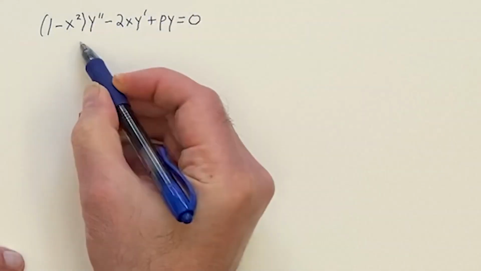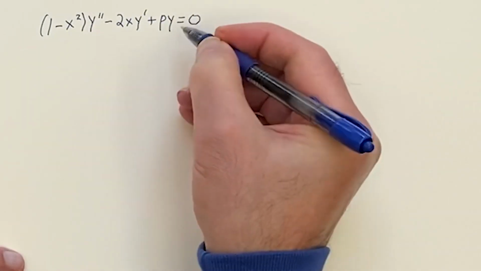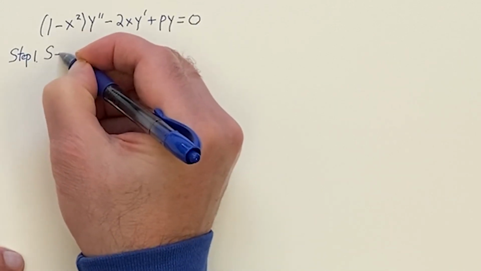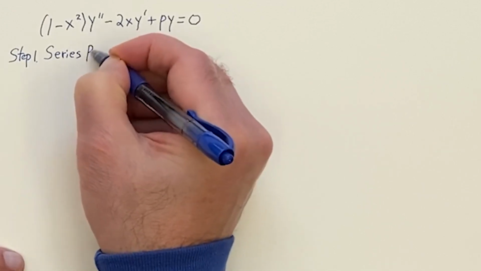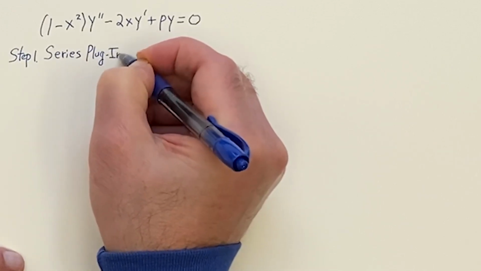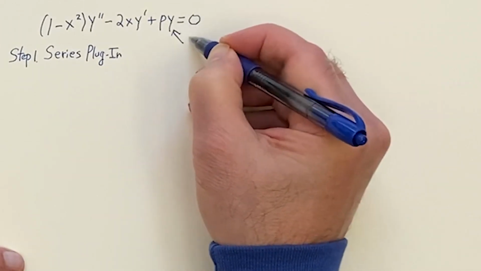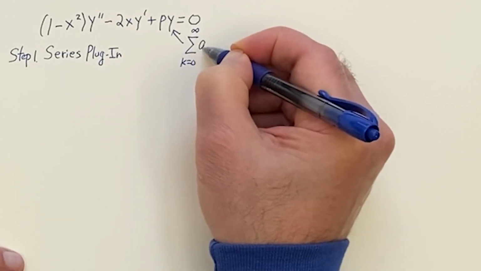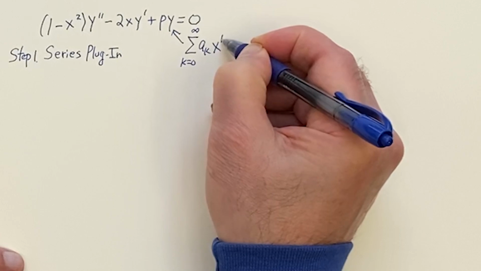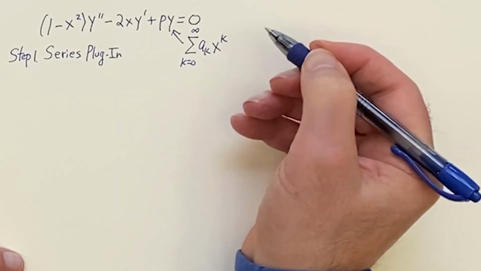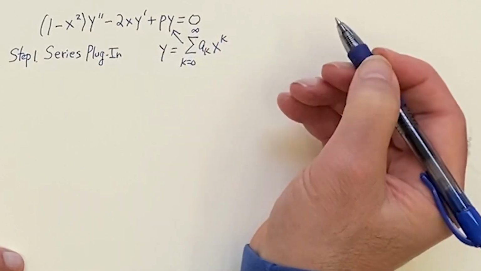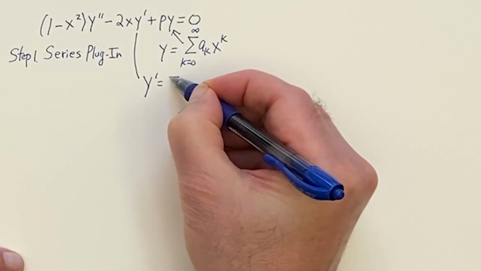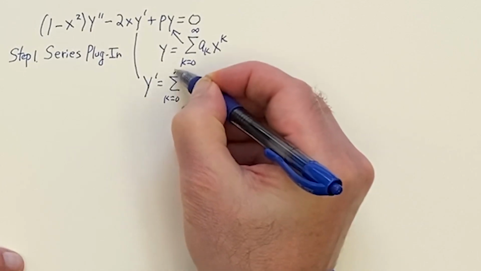Frobenius. Okay, here's our differential equation, and we're going to do step 1, series plug-in. So that means for here, we're going to have the sum for k from 0 to infinity of a sub k, x to the k power. That's your y. Then for y prime, we're going to put in the sum for k from 0 to infinity.